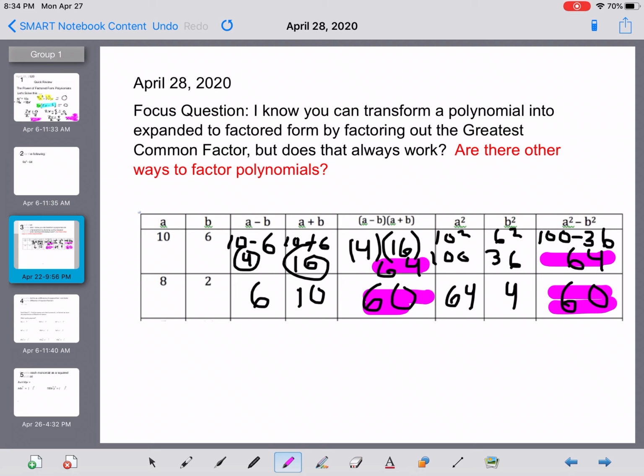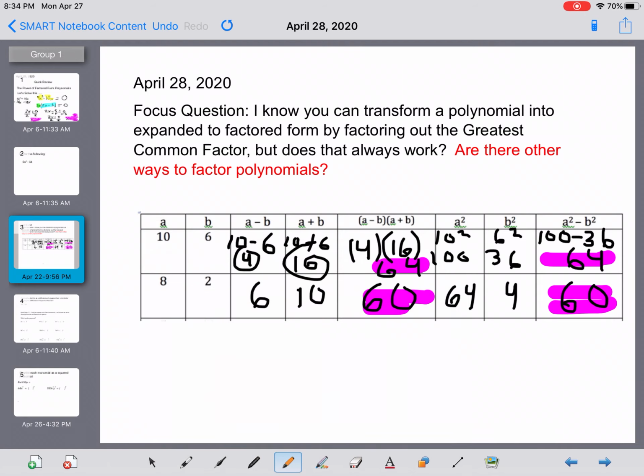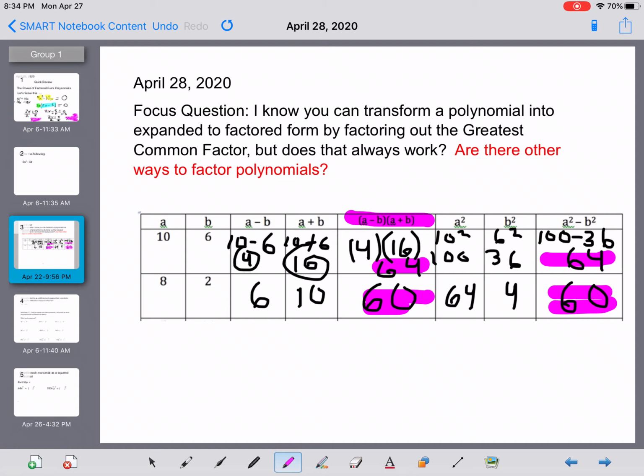And it turns out that, let me get the highlighter here. It turns out that the quantity of A minus B times the quantity of A plus B equals A squared minus B squared always.